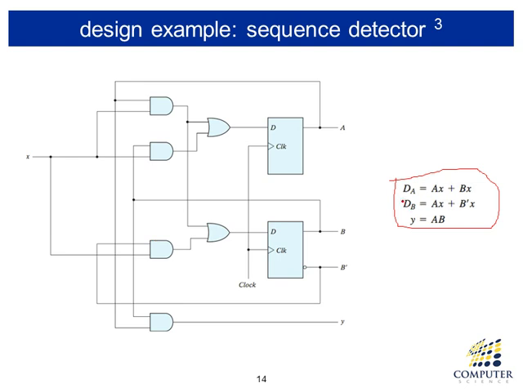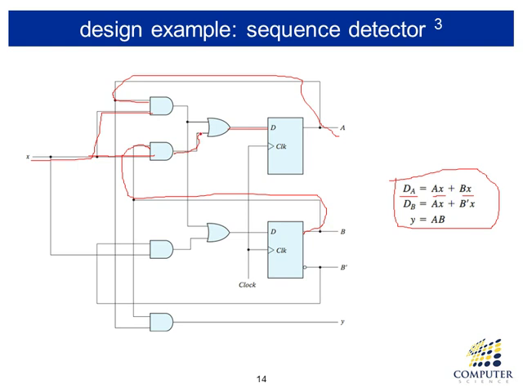What this equation means is that the input to flip-flop A is all of those two product terms: A and X is one product, and B and X is another product term.